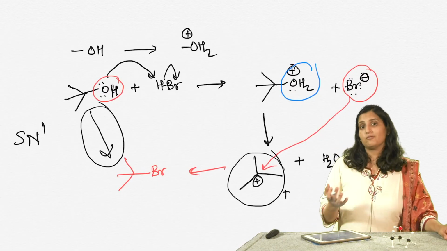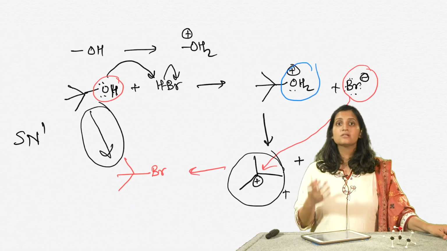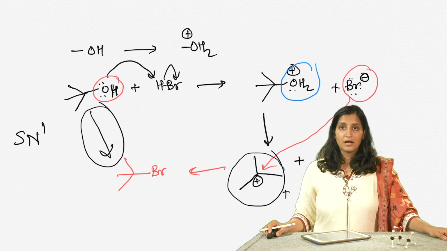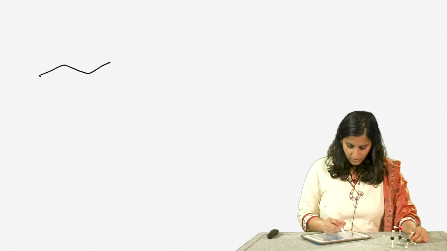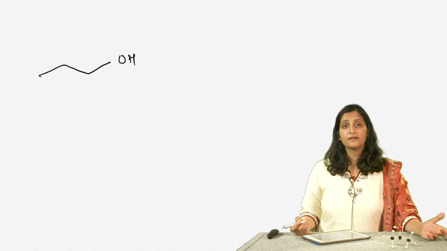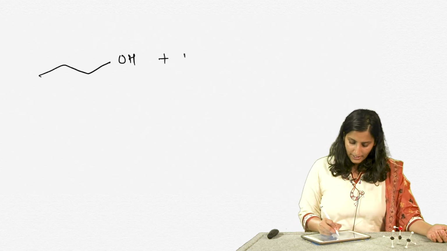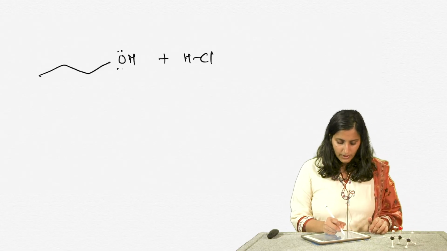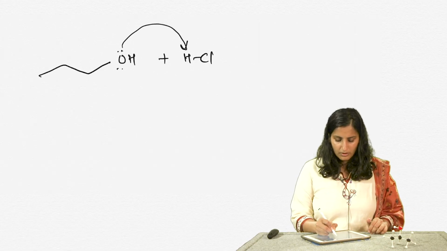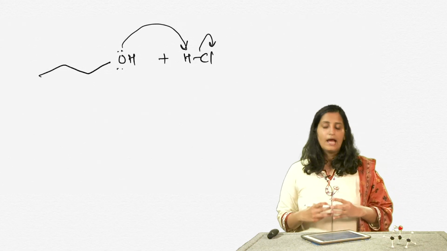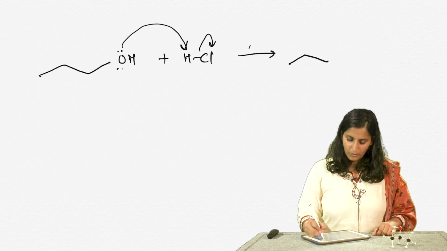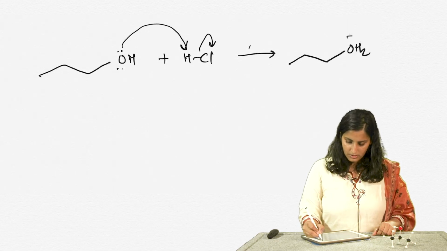So, now let us look at one of the reactions of primary alcohols and how primary alcohols react with HCl to do the same kind of chemistry. So, now I have propanol here, and let us take propanol and react it with HCl. The first step of course is such that the OH will attack the proton of this HCl and it will act as a base, really creating a good leaving group on that oxygen.